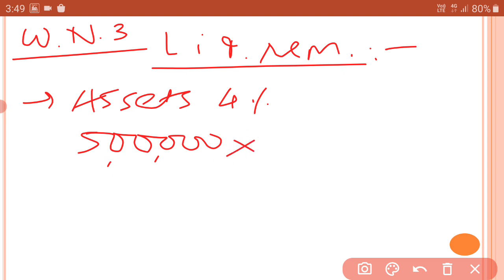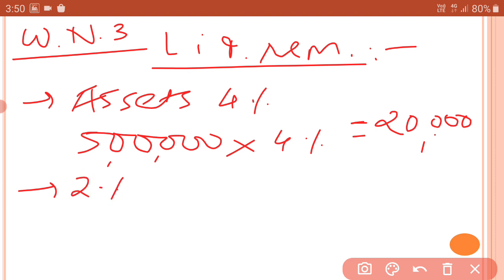So 5 lakh into 4% is equal to 20,000. It's the first figure of liquidator's remuneration as given in instruction number 2. Just check it: liquidator's remuneration is 4% on assets realized by him and 2% on unsecured creditors. Here 2% on unsecured creditors.